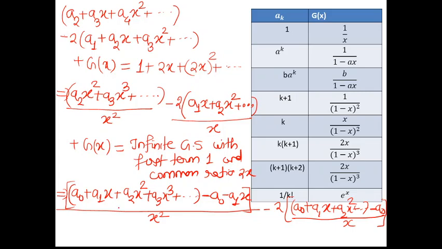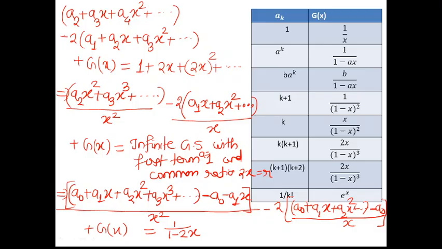So this is second term plus g of x, and as per the formula of sum of geometric series, we have formula as a upon 1 minus r. Here a is 1 whereas r is 2x. So it is 1 upon 1 minus 2x. Now this is as per notation g of x. So replace this by g of x.